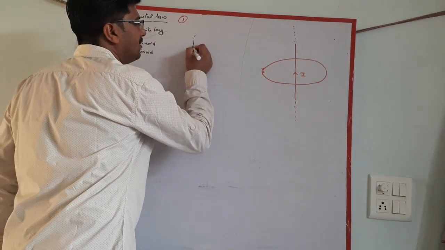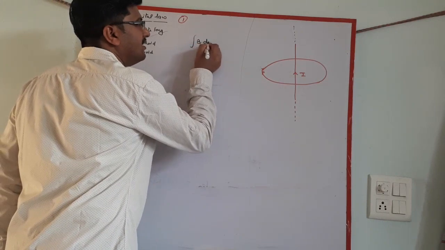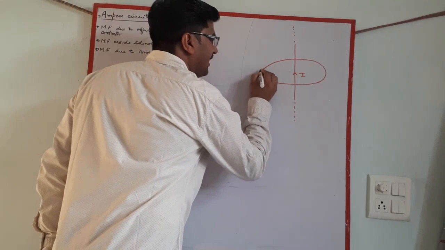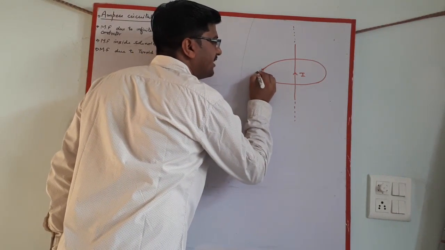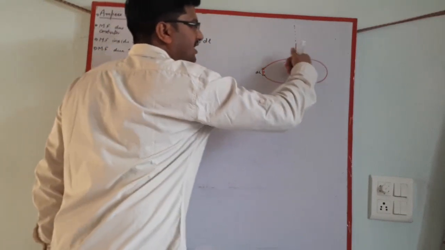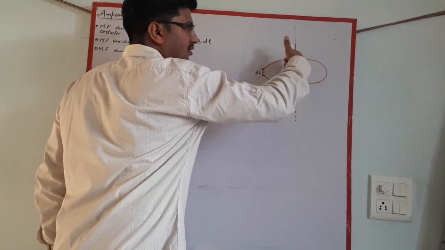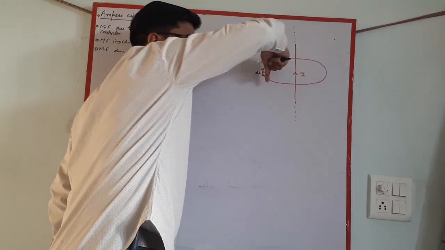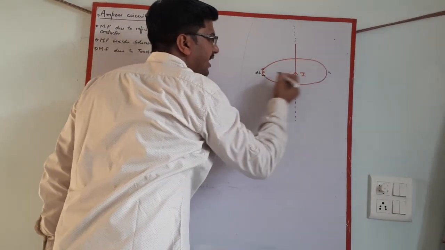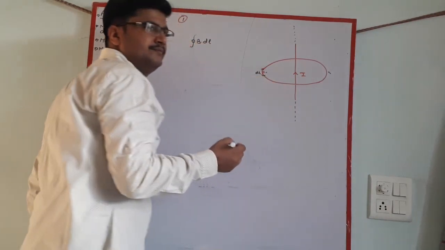To find the line integral of the magnetic field, B dot dl, consider a length element dl in the direction of the magnetic field. Which is the direction of the magnetic field? If I hold the conductor like this, then the magnetic field will be like this, outward and inward. From here it is inward, and from here it is outward.